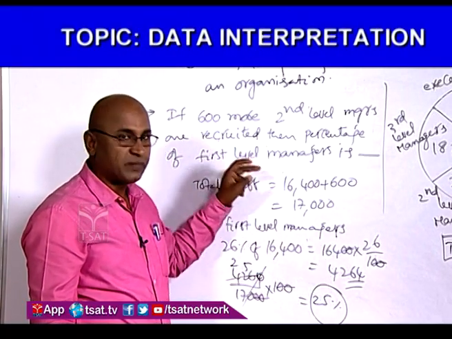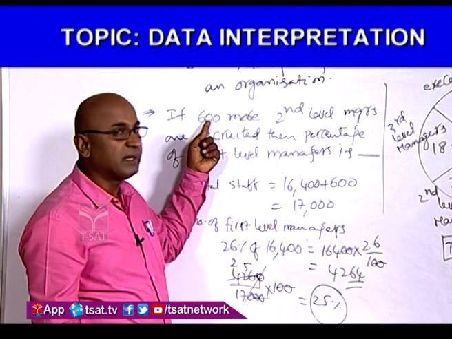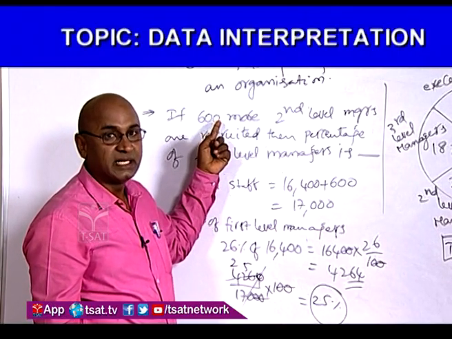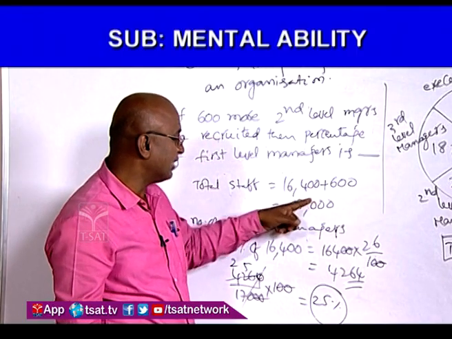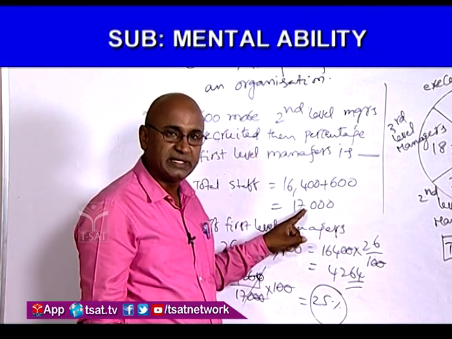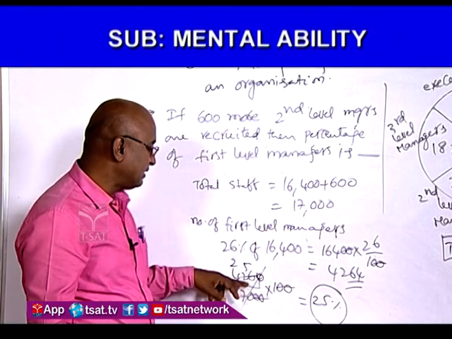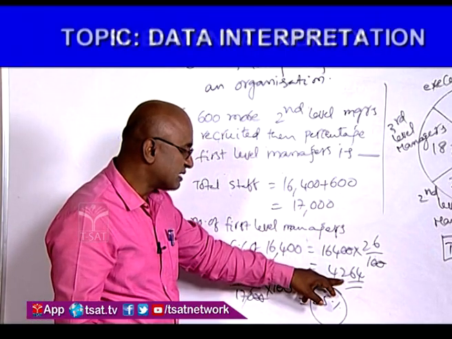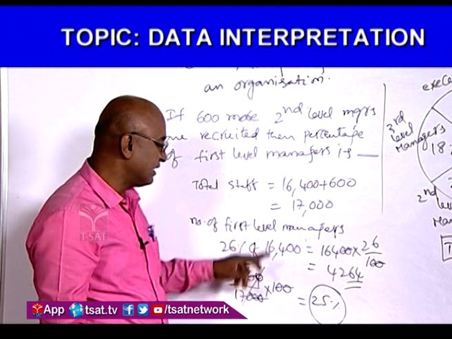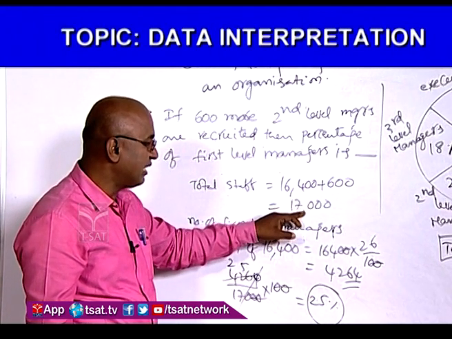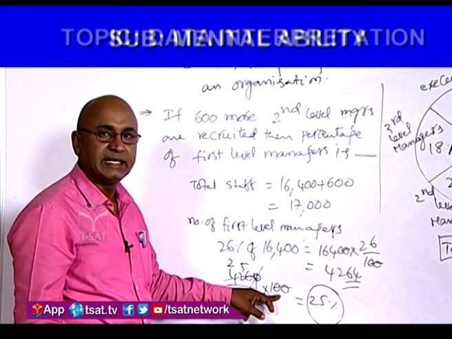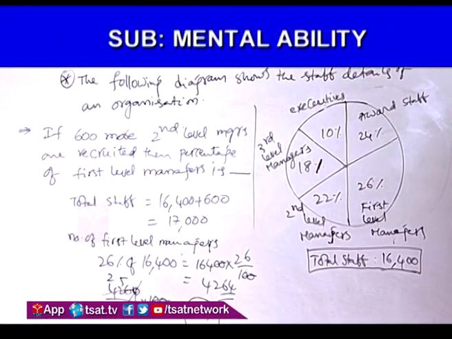Now, the number of employees is increased, so we have to add the 600 to the initial value. Now the total number of employees is 17,000. Then the percentage of 4,264 in 17,000 is 4,264 by base value 17,000 into 100. That will give you 25%.